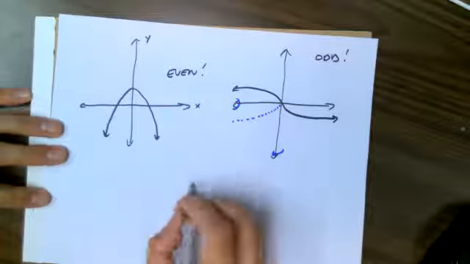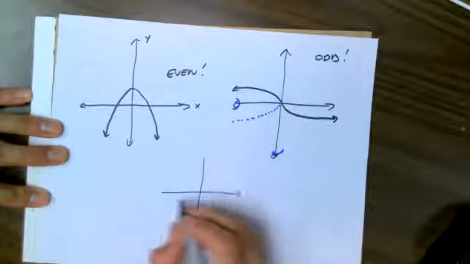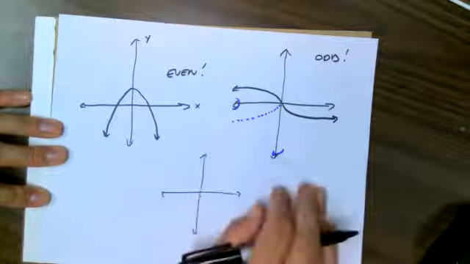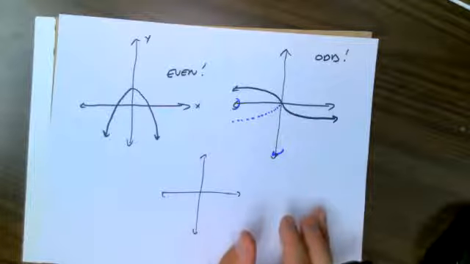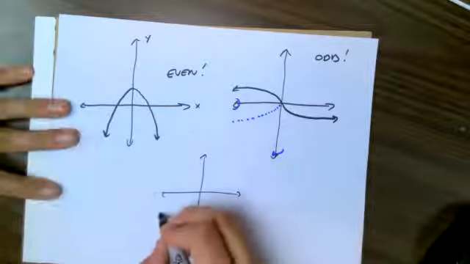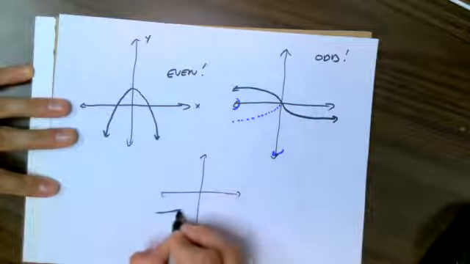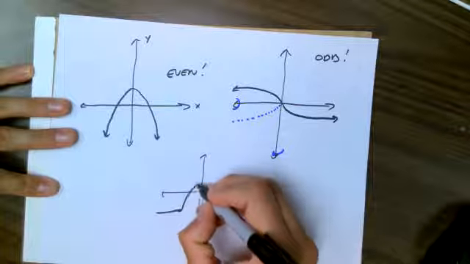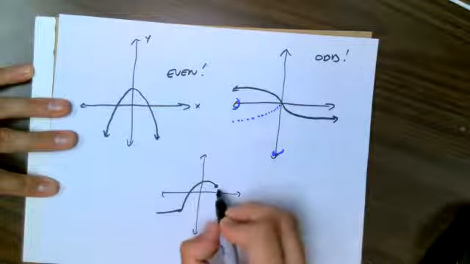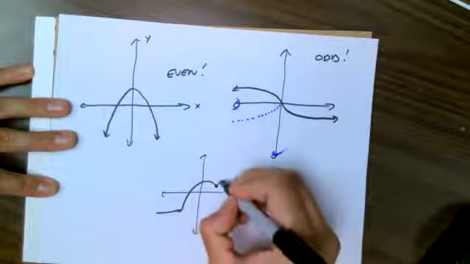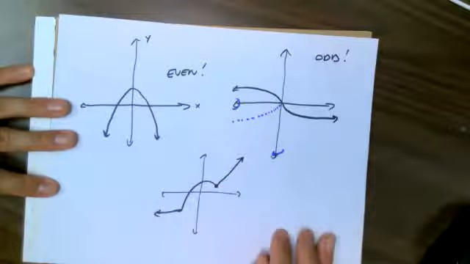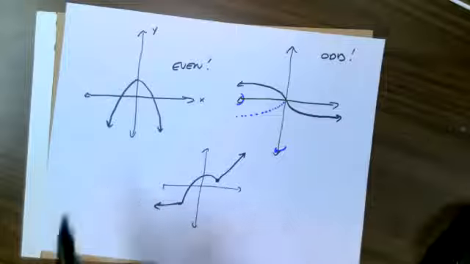There's actually an infinite number of each of these. But if we had something not symmetric, like a lot of the graphs we dealt with before, say something coming up here and then it makes a weird look that way, and then maybe something like that. There's definitely no symmetry there, right? It's not even symmetric. It's not odd symmetric.